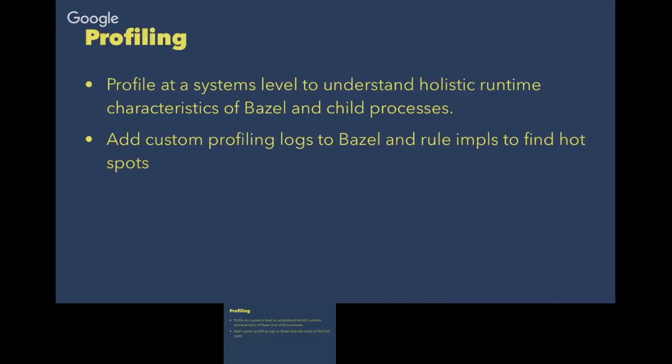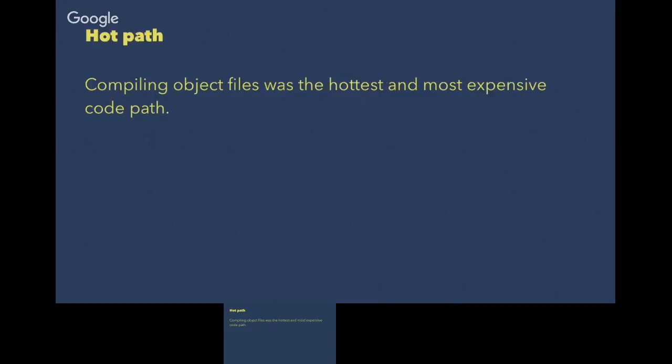We got a quick idea of what was taking the time. On top of that, we added a lot of profiling and logging to Bazel, whether in the Java code or the shell script rule implementations, to find the hotspots. And as you all probably could guess, compiling our object files was the hottest and most expensive code path, the actual compiler invocations of Clang to produce the object files.